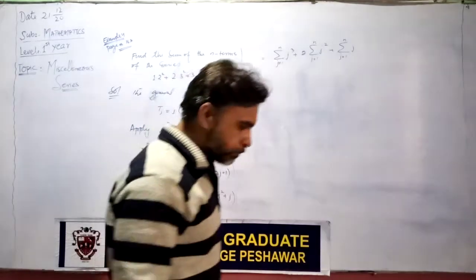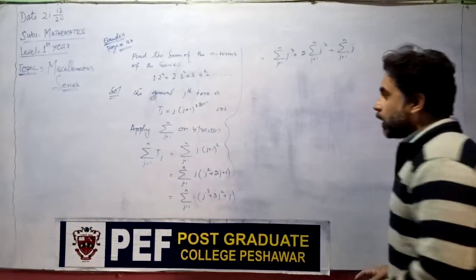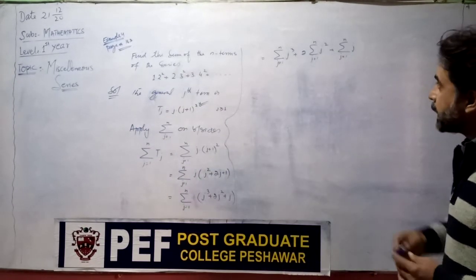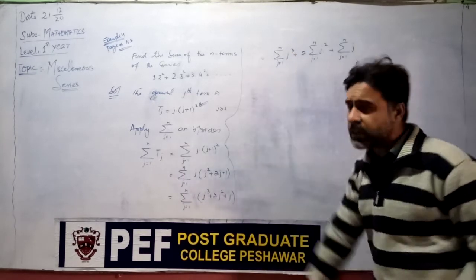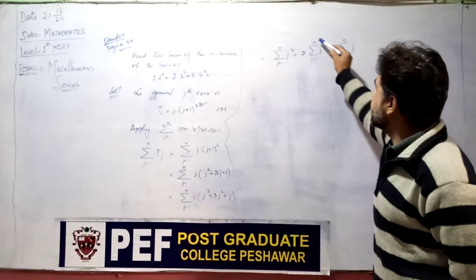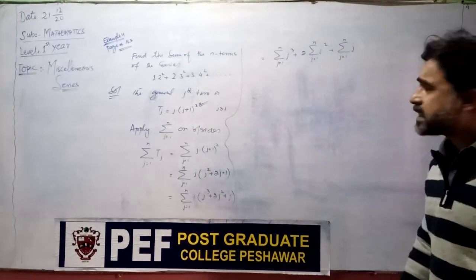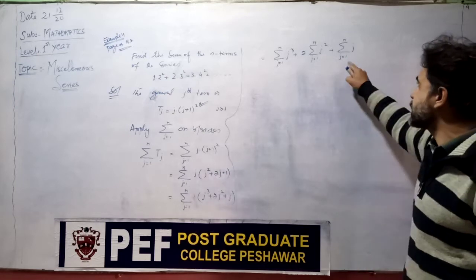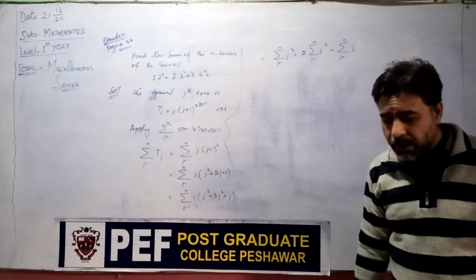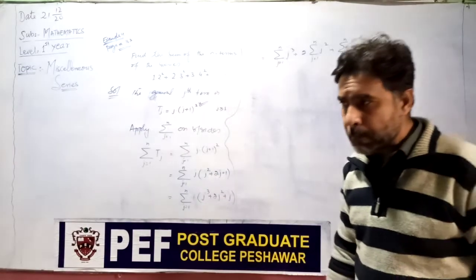Now, dear students, you can see that we need the summation of the cubes of the first n natural numbers. Here, this represents the summation of the squares of the first n natural numbers, and this represents the summation of the first n natural numbers.